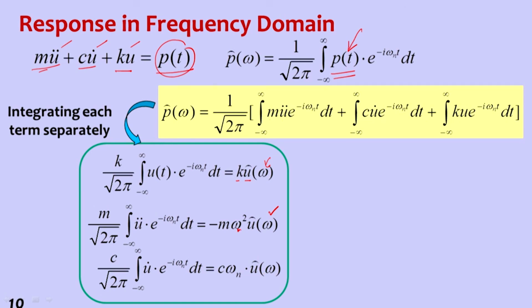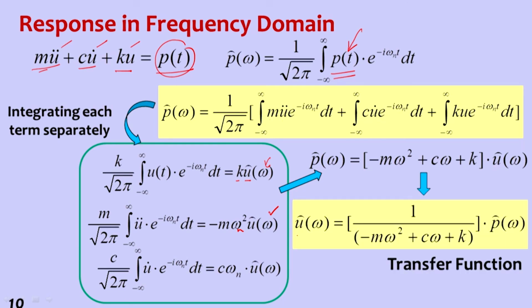So this is also omega n. And then if we combine all these three things into the equation, that is p cap omega is equal to minus m omega n squared plus i c omega n plus k, multiplied by u cap omega. So from this we can get the response in frequency domain by giving input in frequency domain.